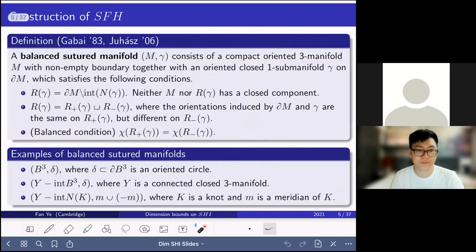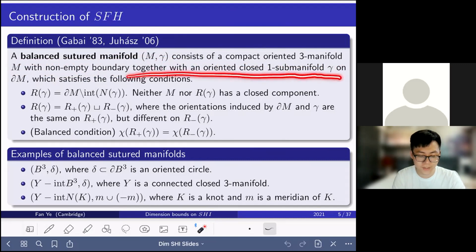So at first, let's review the definition of a balanced suture manifold. A balanced suture manifold M gamma consists of a compact oriented three-manifold M with non-empty boundary, and a closed one-manifold gamma on the boundary of M, which satisfies the following conditions.